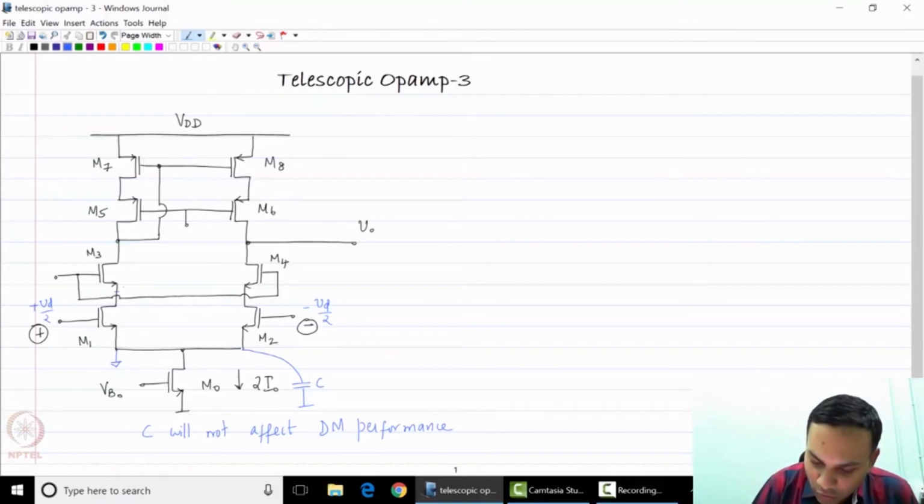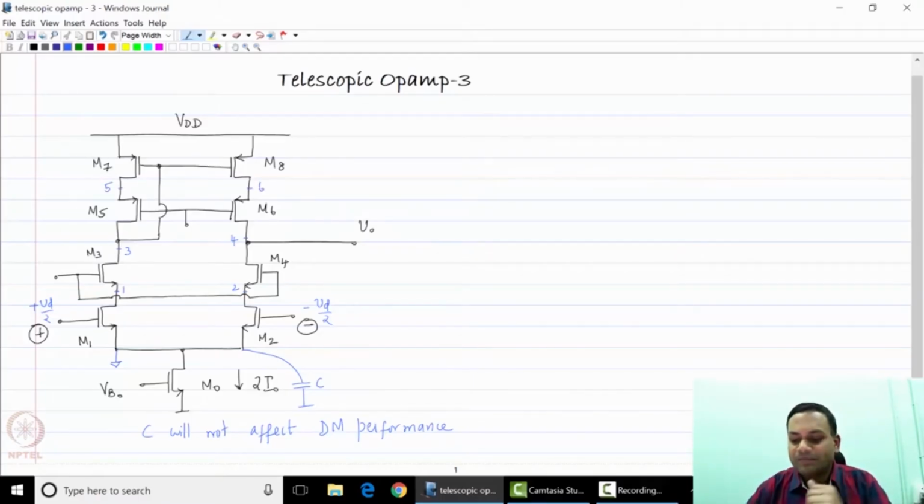So let us now name this node 1, node 2, node 3, node 4, node 5 and node 6. As you can see, including the output node, which is 4, the cascode op-amp has 6 nodes compared to only 2 nodes including the output node for the simple one-stage op-amp.